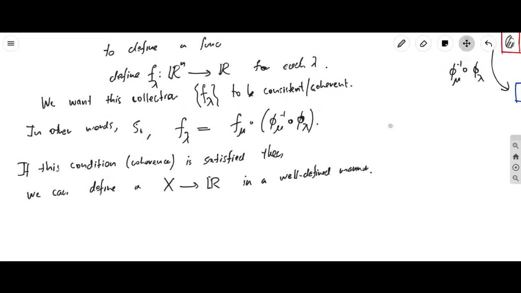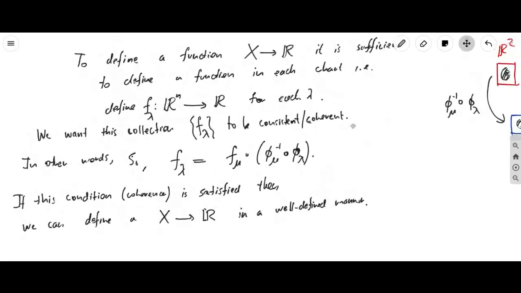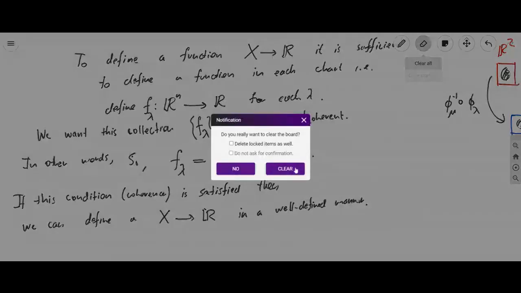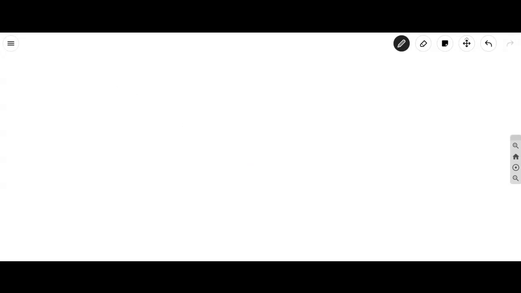So this is an alternative way of defining a smooth function. Here's an alternative way to do it. So this is definition 2.